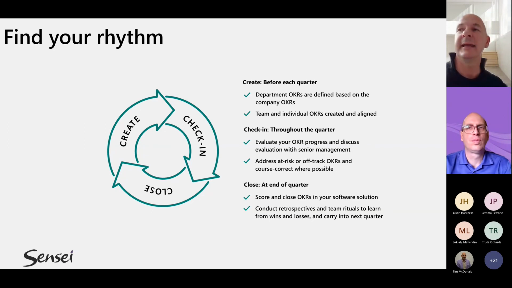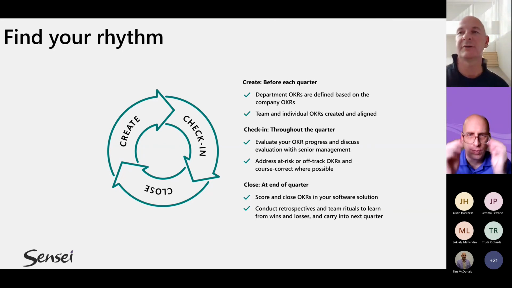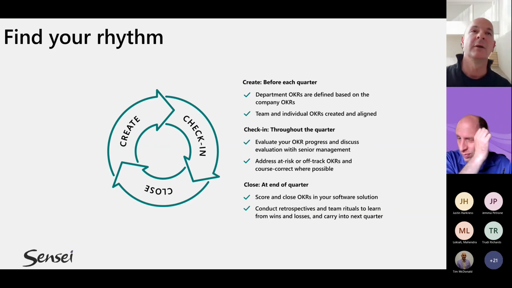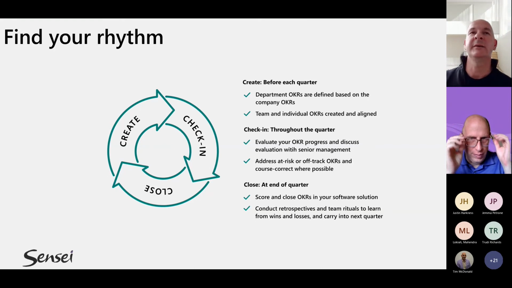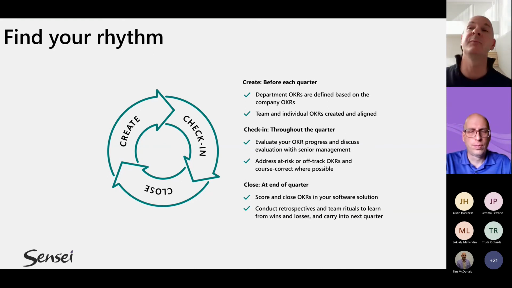And then at the end of each quarter, you score and close the OKR and conduct your retrospective, your normal team rituals, to ensure we understood which objectives and key results we accomplished, why we did or didn't accomplish them, and whether they need to be added to the next rhythm or not. So create, check-in, close. That's the rhythm that you would want to have.